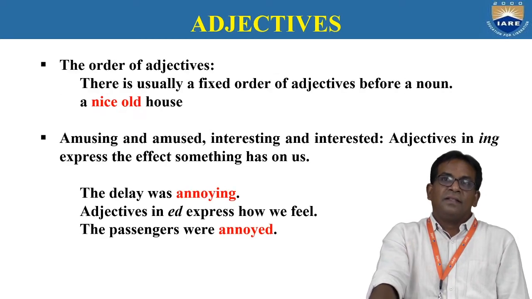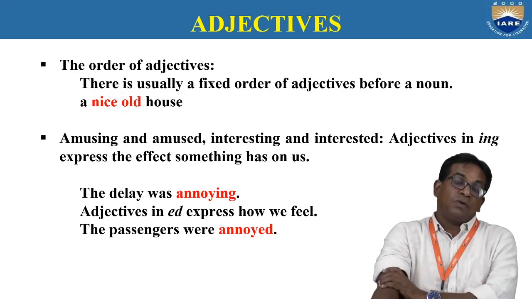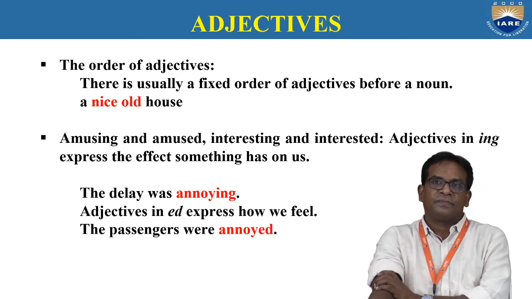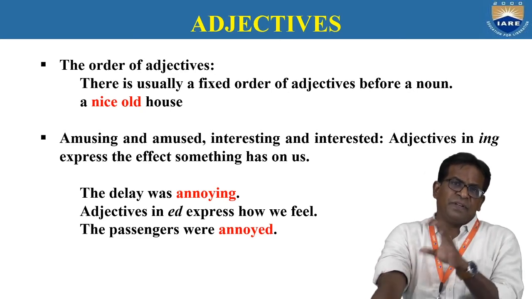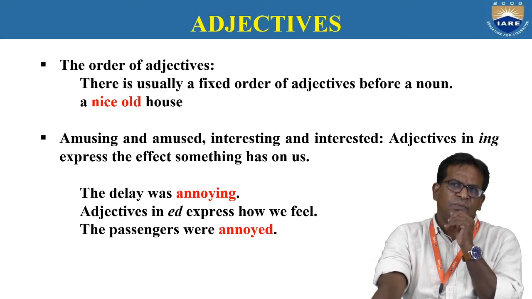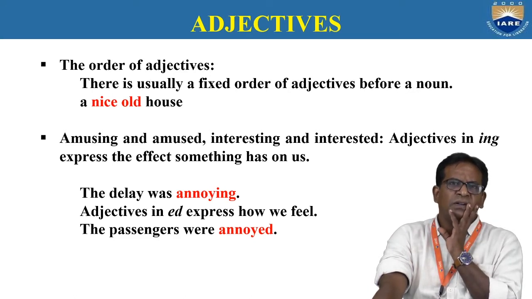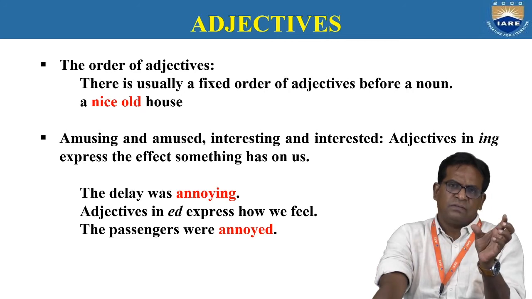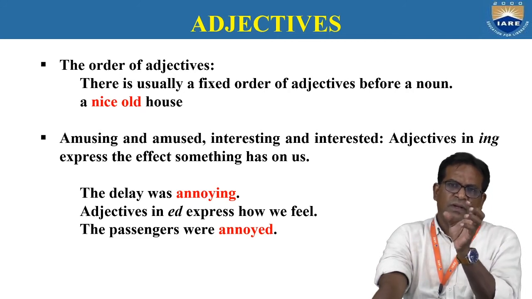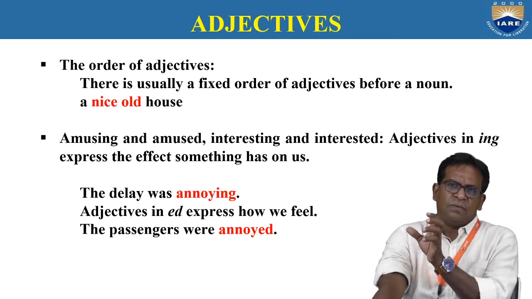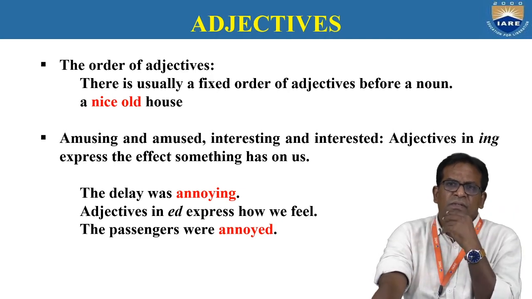And the order of adjectives. What is the order of adjectives? There is usually a fixed order of adjectives before a noun. What is it, a fixed order? A determiner, an adjective and a noun. It's a general rule.